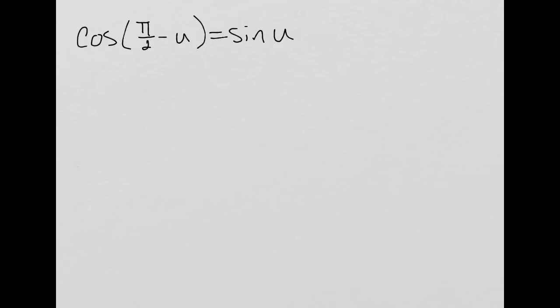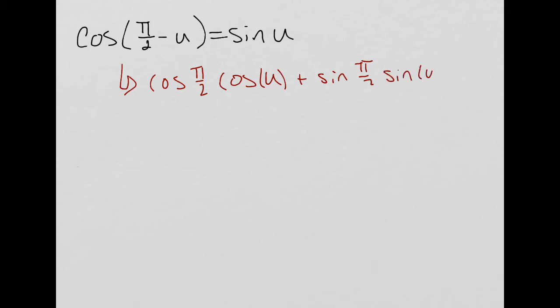Let's figure it out. If we use our cosine identity, this should be cosine of pi over 2 times the cosine of u, plus the sine of pi over 2 times the sine of u.